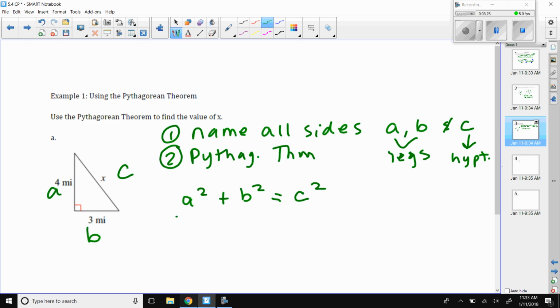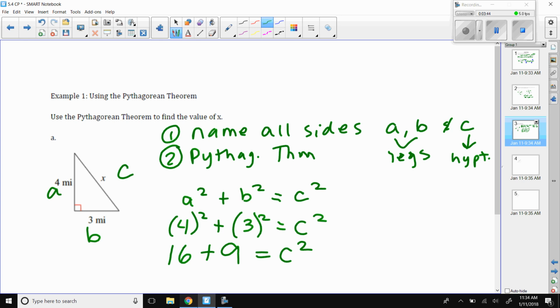So in this case here, I have 4 as A, so 4 squared plus 3 squared, and then I'm looking for C squared. Now 4 squared is going to give me 16, plus 3 squared is going to give me 9, equal to C squared.